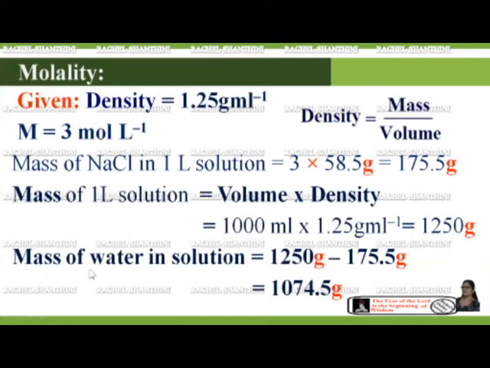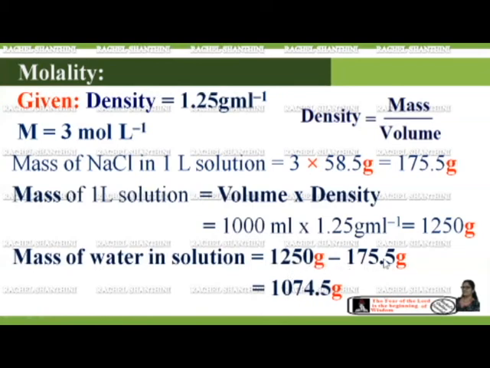Now we have to find the mass of the water, that is the solvent in the solution. For that, we have to subtract the mass of the solute from the mass of the solution. What is the mass of the solution? 1250 grams, minus the mass of the solute, 175.5 grams.